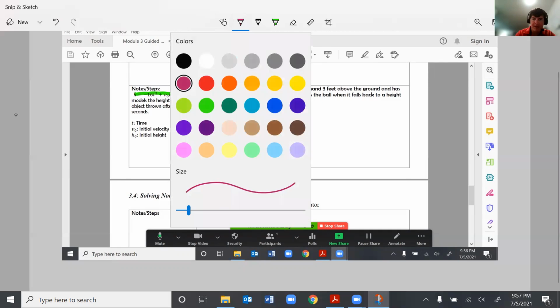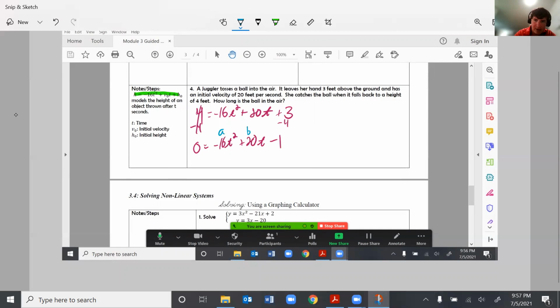Okay. a, b, and c. So x is equal to negative 20 plus or minus the square root of 20 squared minus 4. I notice all of my b values have been positive. They're not always. Make sure you put them in parentheses so you know about the sign changes. Negative 16 times negative 1 all over 2a.